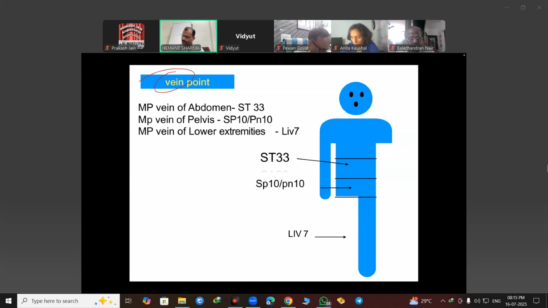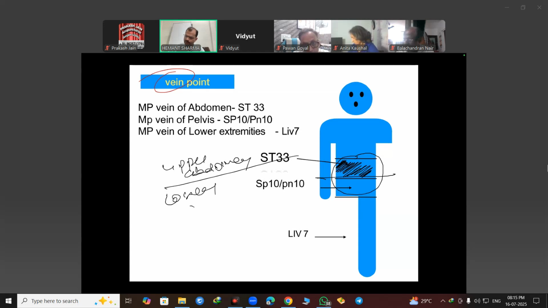If anyone is having any problem of the vein, अगर vein की कोई भी problem है यहाँ, means abdomen, we can divide the abdomen in 2 parts, upper abdomen and lower abdomen.